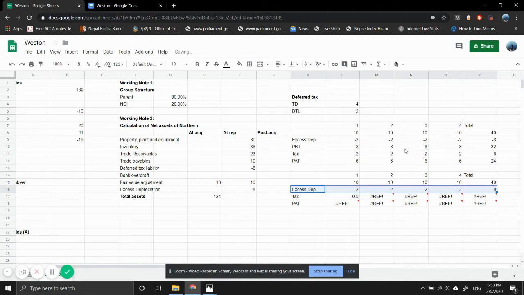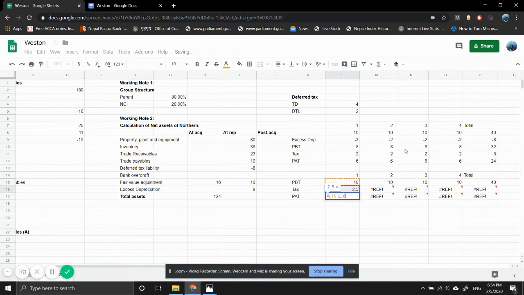See, in this case, there won't be any excess depreciation, right? So you will only have this much figure in your SOPL, right? So this will be your PBT, right? 10. So you will have a tax into 0.25, right? So what you will do is this minus this, copy. See, in this case, your PBT will be higher, right? So due to this excess depreciation, your PBT has decreased, right?